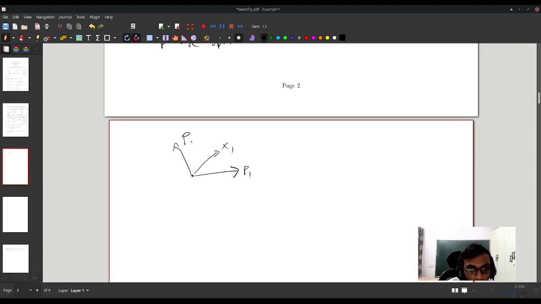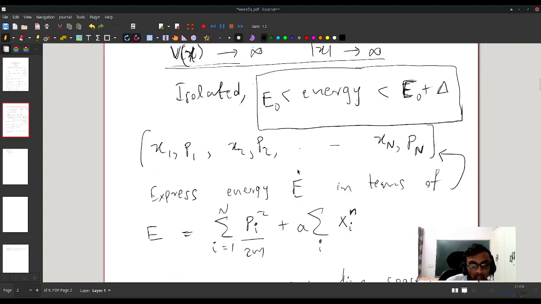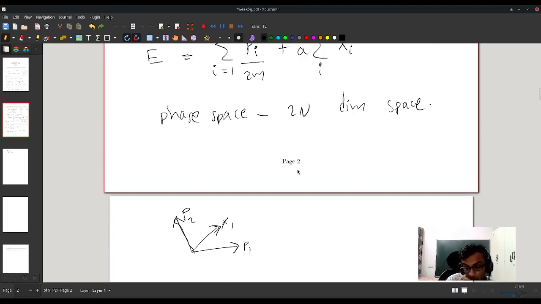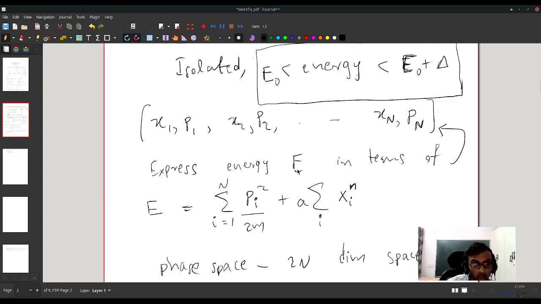That's all I can draw, that's where I should stop. But it has 2n orthogonal axes. We can think of a coordinate system in which there are 2n orthogonal axes.